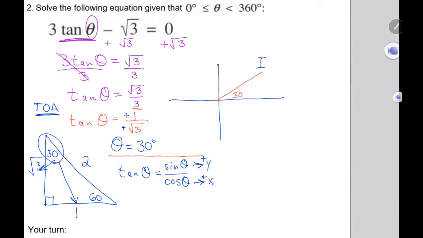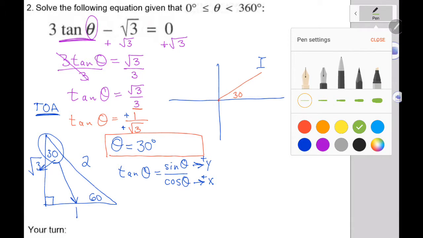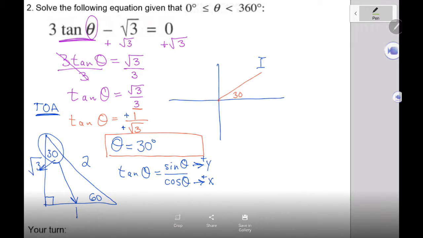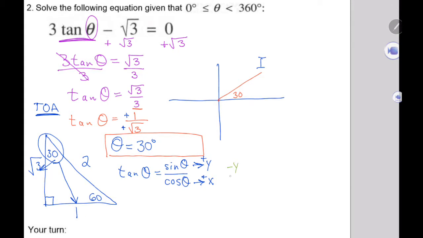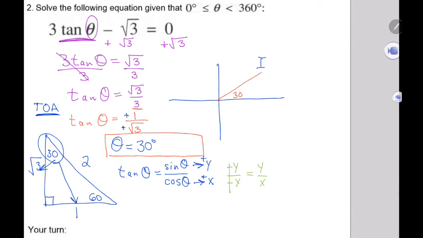I'm off to a great start, but I'm going to leave space for another one because there's something else that meets the qualifications. But you have to think about the fact that if you had a minus y over a minus x, that would also be the same thing as a plus y over a plus x, because these would cancel. If you have negative divided by negative, you end up with a positive. So where are they both negative? Well, they're both negative down here in quadrant 3.